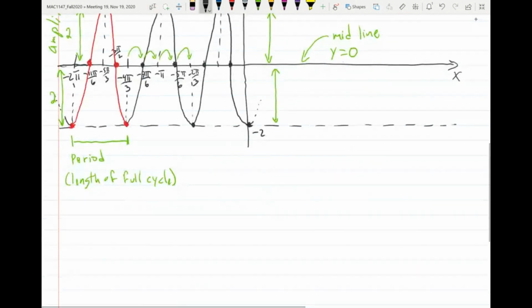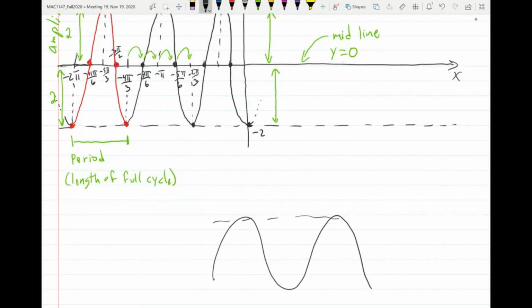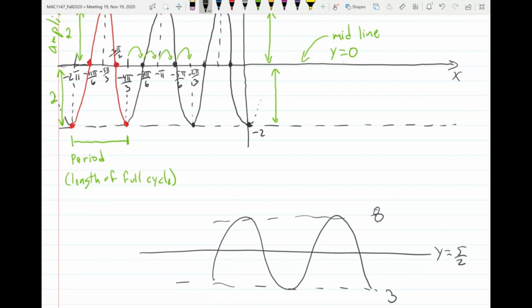If you have a picture like this, and let's say that this is 8, and let's say that this is 3, for some reason, then the midline will be in between. What's the distance? 5/2. So somewhere in here we're going to have the midline. Okay, actually, not 5/2, but 8 minus 5/2.